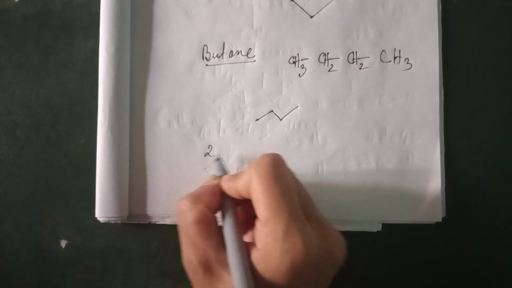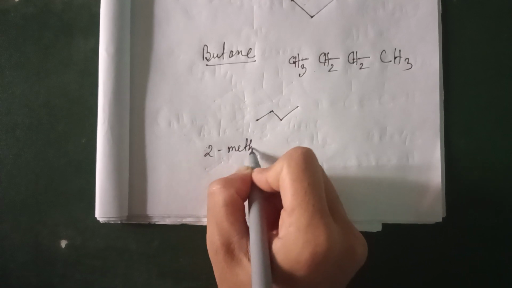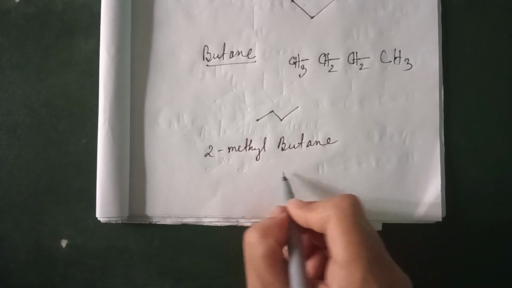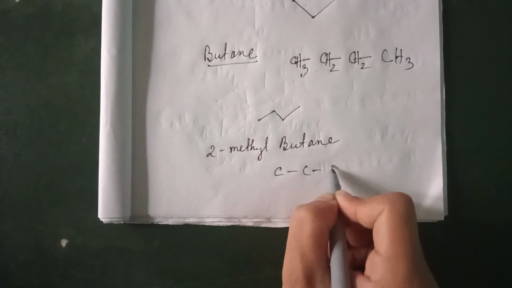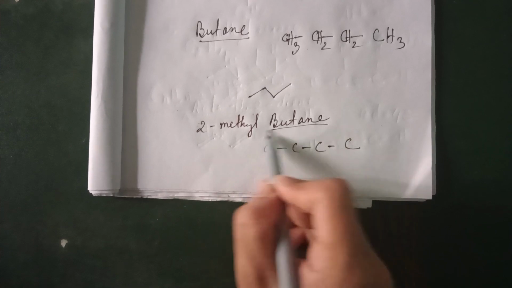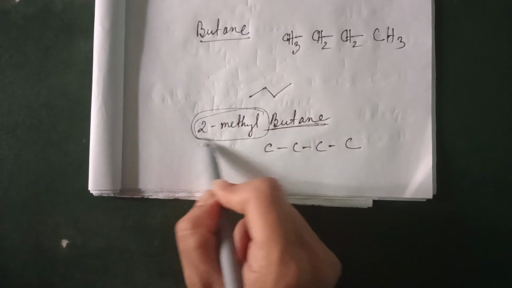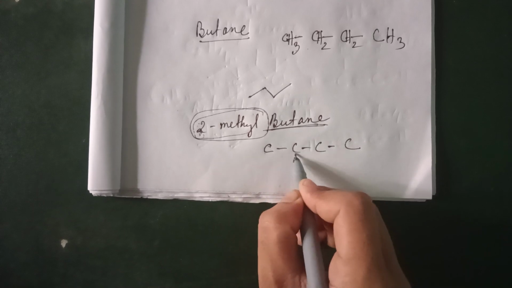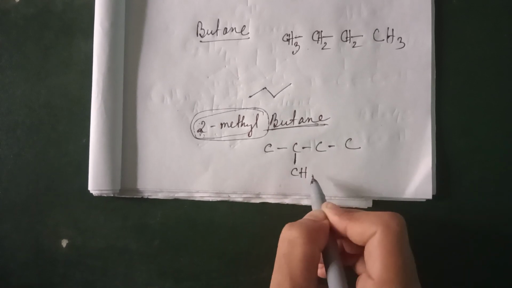If you want to add more complexity and change the structure, we'll add a substituent. We'll start with an easy one, methyl butane. Butane means 4 carbons, 1, 2, 3, 4. This is your chain. Before that there is a prefix, which is your substituent. In which position is your substituent? In the second position, 1, 2. So methyl, this is CH3.